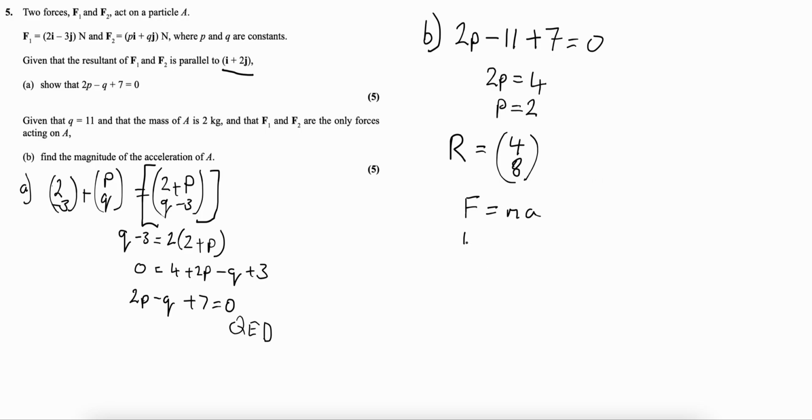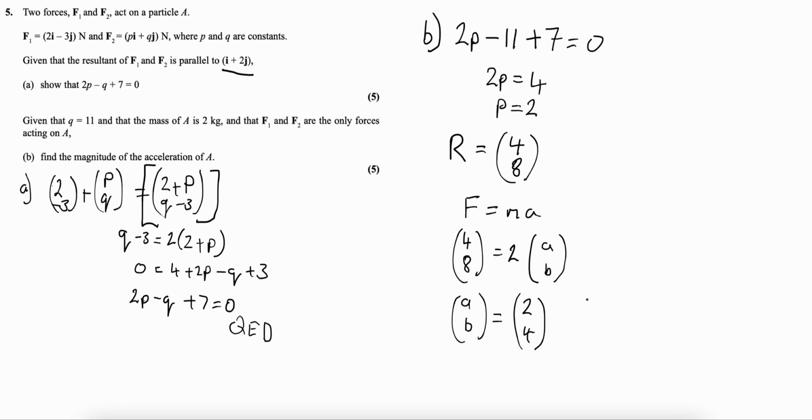So our resultant force is (4, 8), our mass is 2, and our acceleration, let's call it a_B. So we're going to divide by 2, so therefore a_B equals (2, 4).